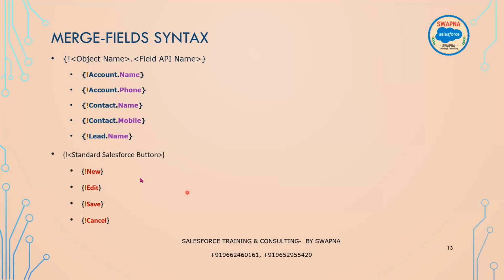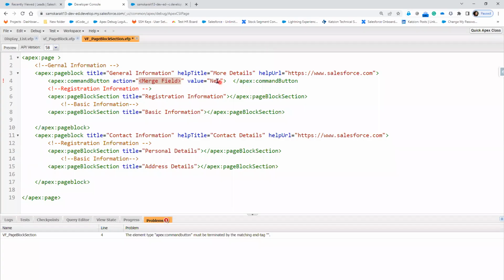Right. Now let's see how we can add the merge field into the action. For example, I want to add a merge field. Let's take a save button. So I want to add here save, and my merge field is curly braces exclamation save.